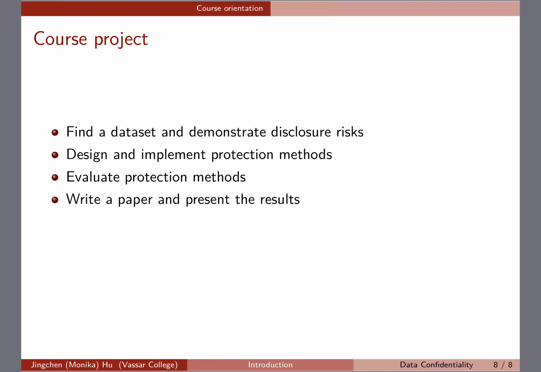Okay. And then you can design and implement protection methods, most likely through a Bayesian data synthesis process. And then you evaluate the protection methods, and then you write a report and present results. So that will be general flow.